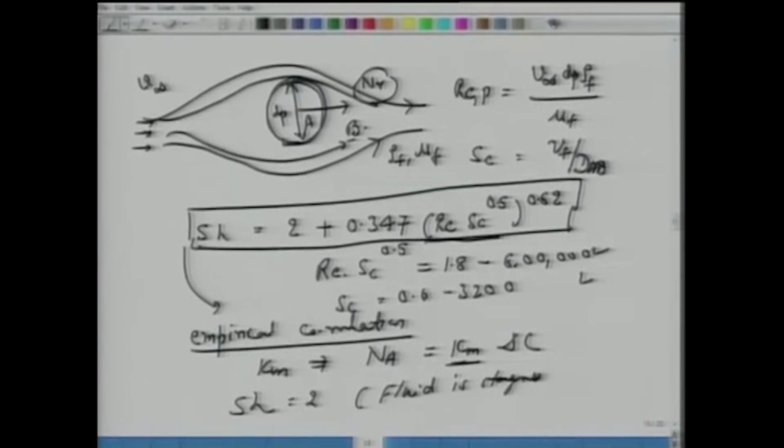As an exercise, you can try to obtain Sherwood number equal to 2 if the fluid is stagnant. So we are trying to give the same message again and again: the definition of the mass transfer coefficient is purely arbitrary. It's an engineering parameter. It's not a fundamental variable.